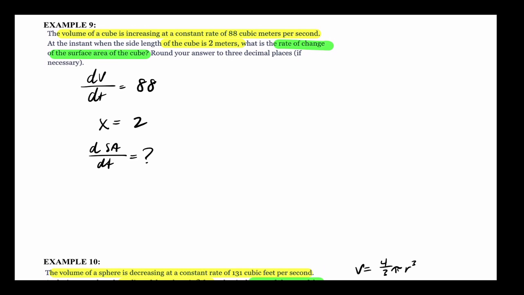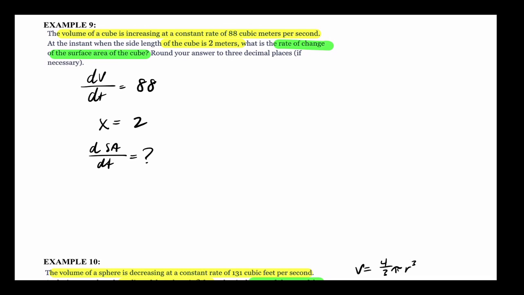Not surface area. The volume, right? We actually know the volume. What is the volume of the cube? It's base times height times depth. A cube has every side the same, all edges the same.